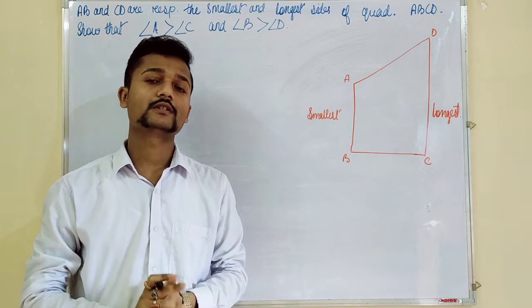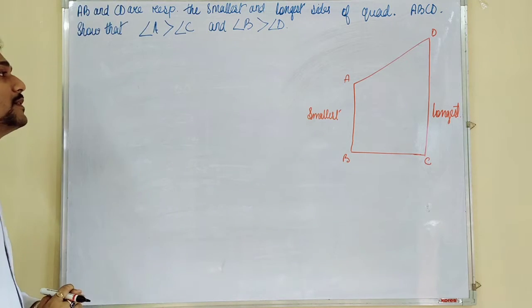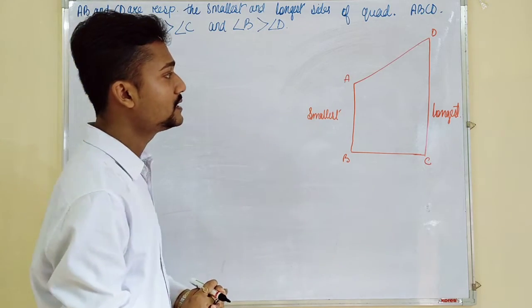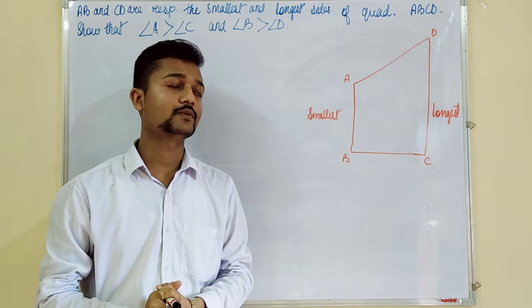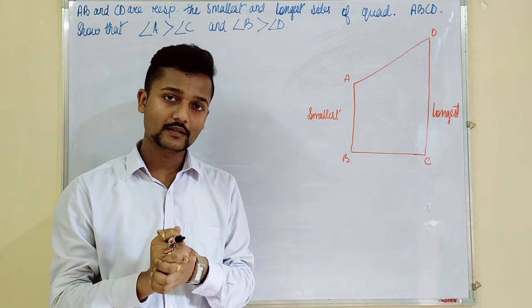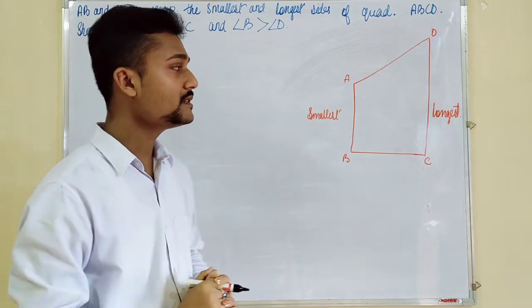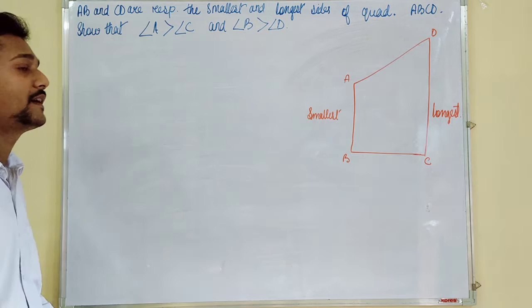So the next question that we have with us is this. The figure that you can see on the board is quite similar and it is also available in your NCERT book. So what is the difference between this particular question and the other question? The difference is that this question has come many a time in the final examination.